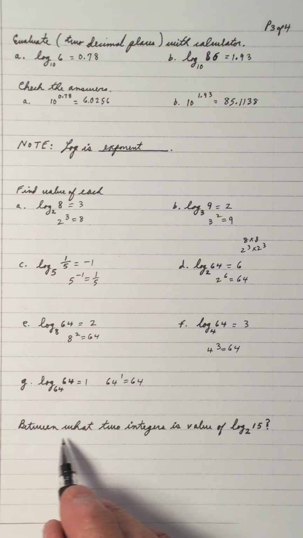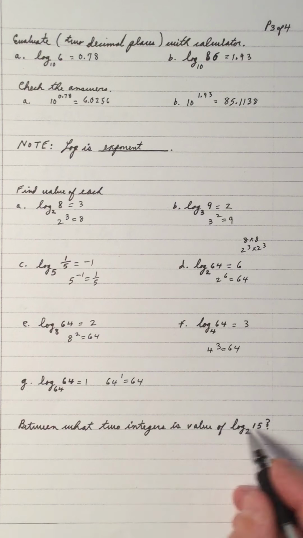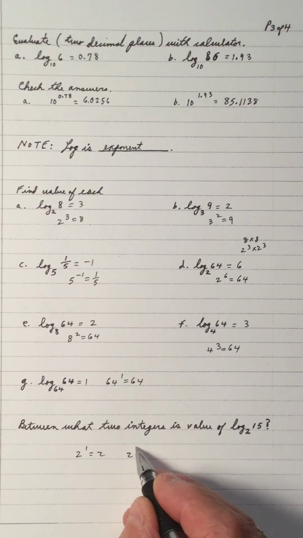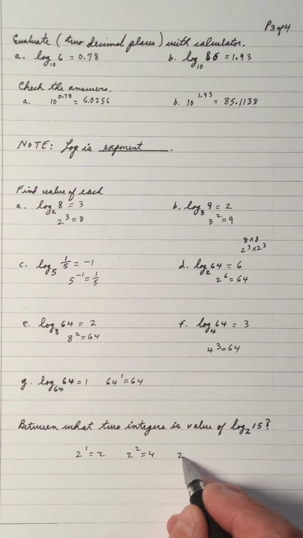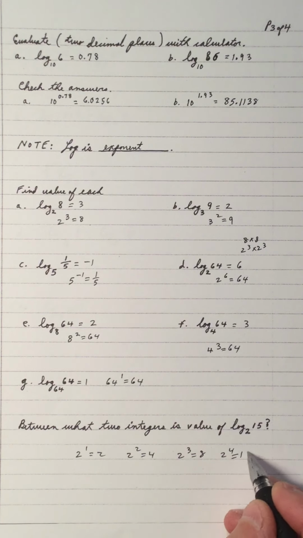Now, between what two integers is the value of the log of 15? So a log is an exponent, and the base is 2. So 2 to the 1 is 2. 2 squared is 4. 2 cubed is 8. 2 to the 4 is 16.